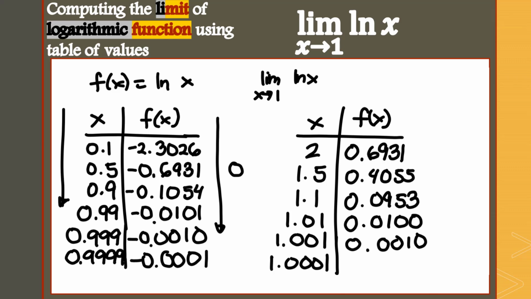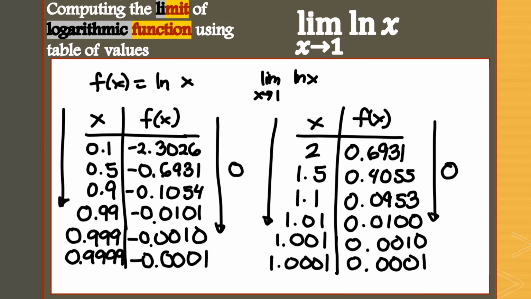So let's have the remaining value. You will have 0.0001. Clearly, as x approaches 1 from the right, the value of f of x is also getting closer to 0. These two values are just the same.